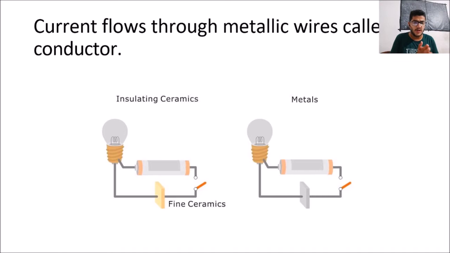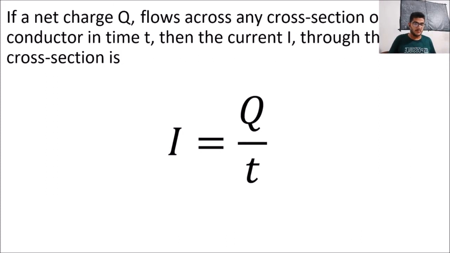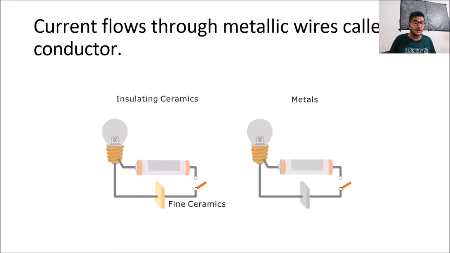Do not confuse. So current flows. Where does the current flow? Current flows in metallic wires, and that is what we call a conductor. We have already seen the cross section of a conductor in this definition. So what is a conductor? Conductors can be fine ceramics or metals, as shown in the figure.